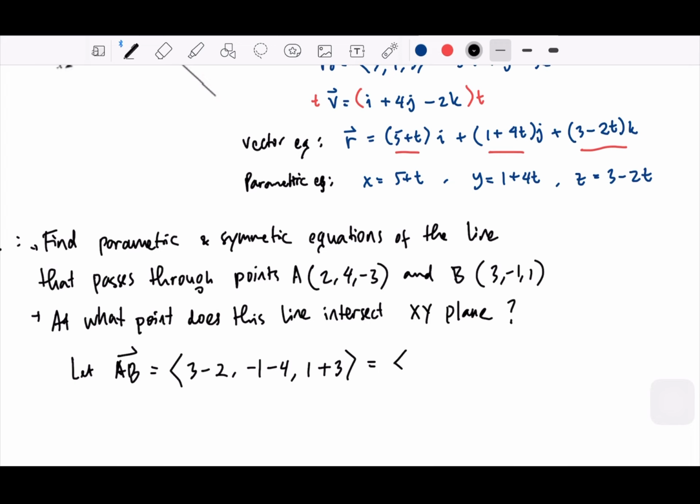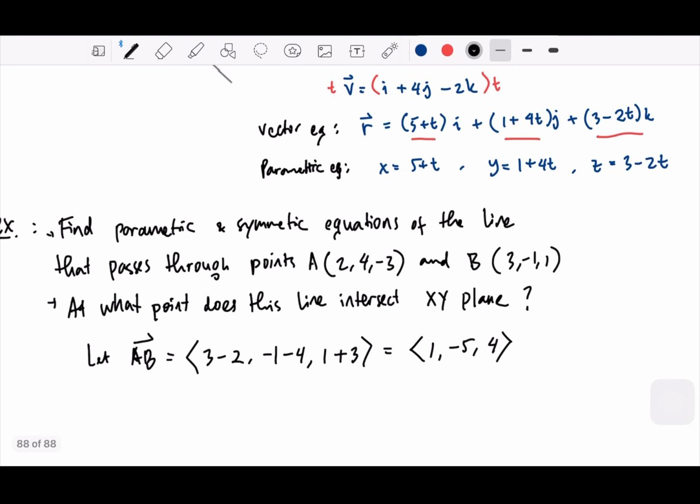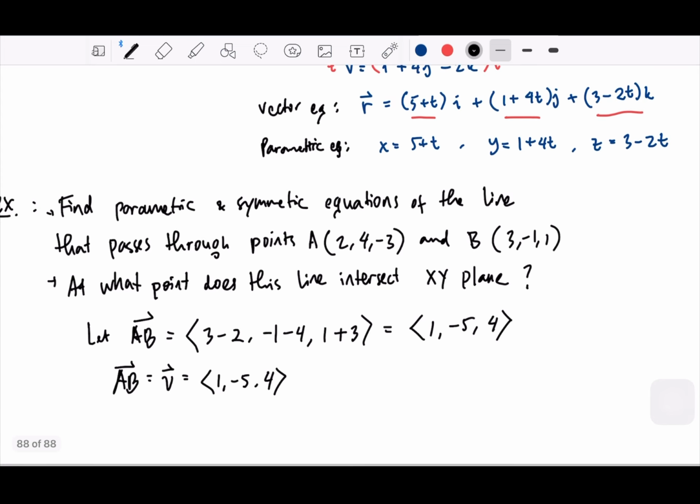So this will be 1, negative 5, and 4. And let's make this a line, because it's parallel to our line. So we can take this AB and set this as our v, and we know that this is a, b, and c.